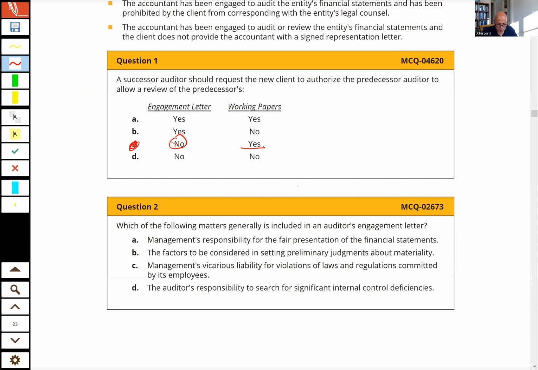That's all right. Yeah, I was reading it like it was my engagement. Well, the auditor's engagement letter, not the predecessor. You mean question one? Yes. Yes. It happens.